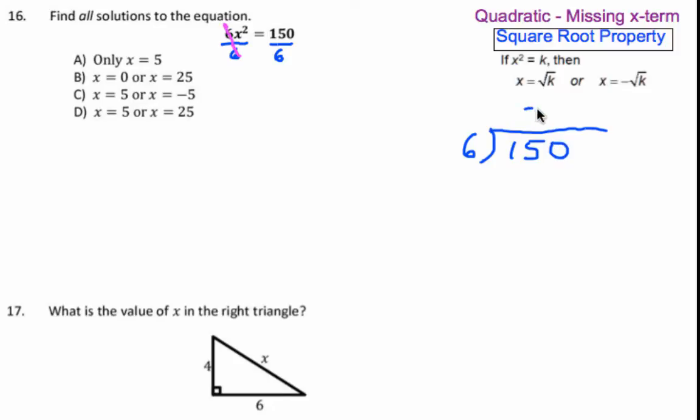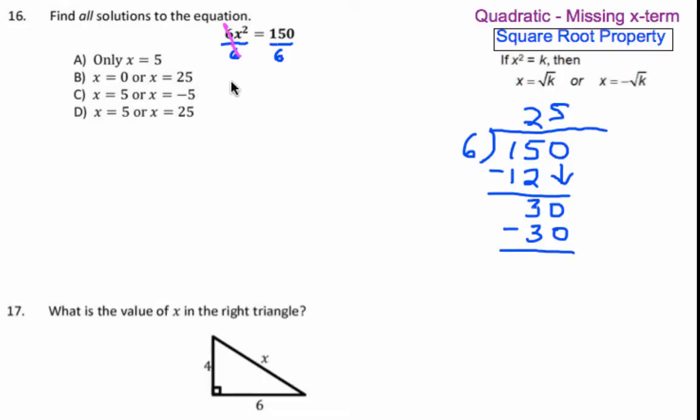So 6 into 15 is 2. 2 times 6 is 12. And 6 into 30 is 5. Since there's no remainder, the answer is 25.